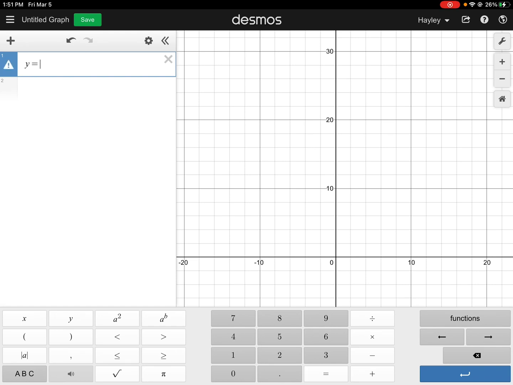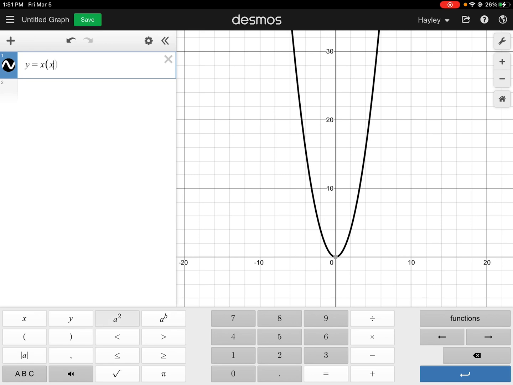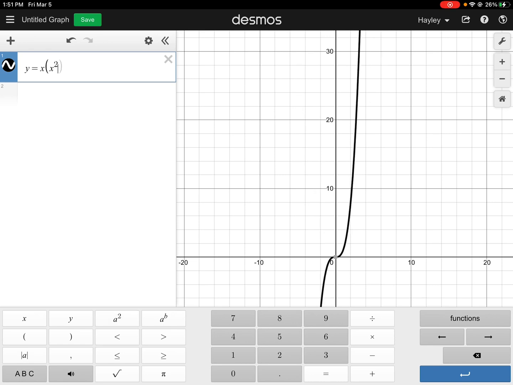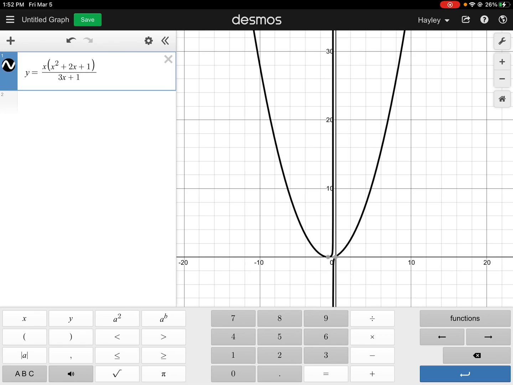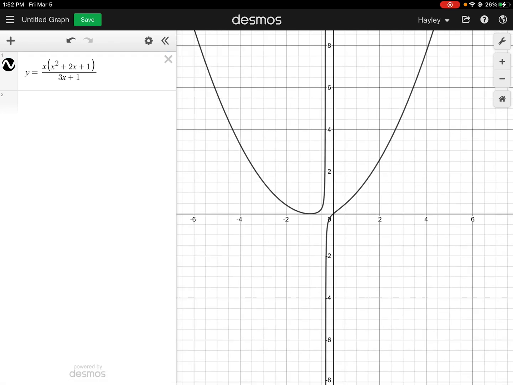Oops, it's not the right one. I'm going to graph y equals x times x squared plus 2x, plus, not minus, plus 1, all divided by 3x plus 1.